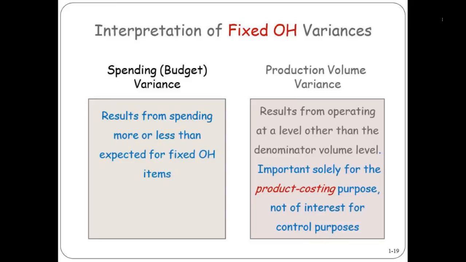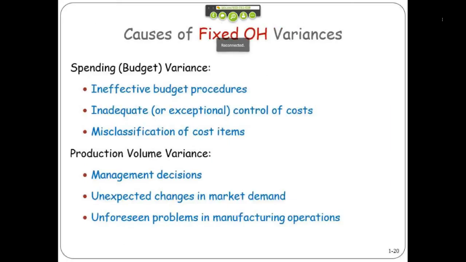So the spending or the budget variance could be bad budgeting. Maybe you just didn't control your costs. Or maybe you misclassified some costs along the way. The production volume variance is about accounting decisions, potentially. How did you choose to apply it? It could be due to different demand. That was the Schmidt company, different demand.